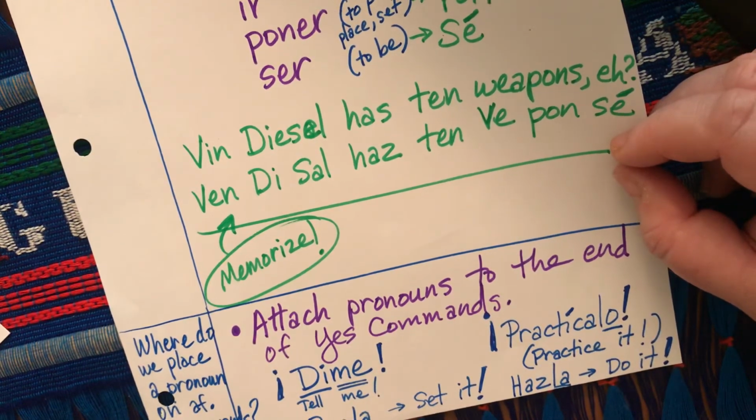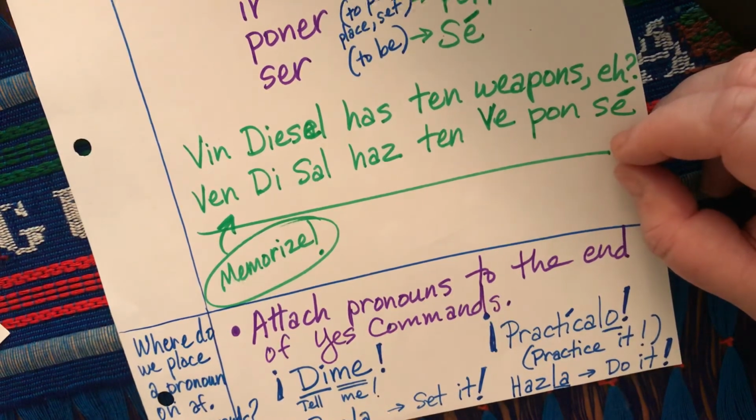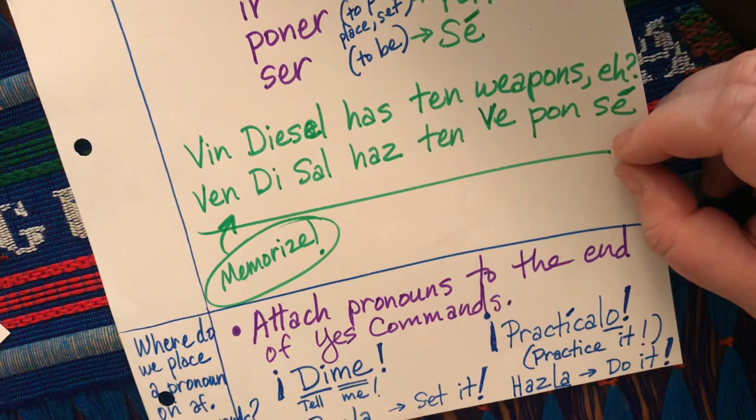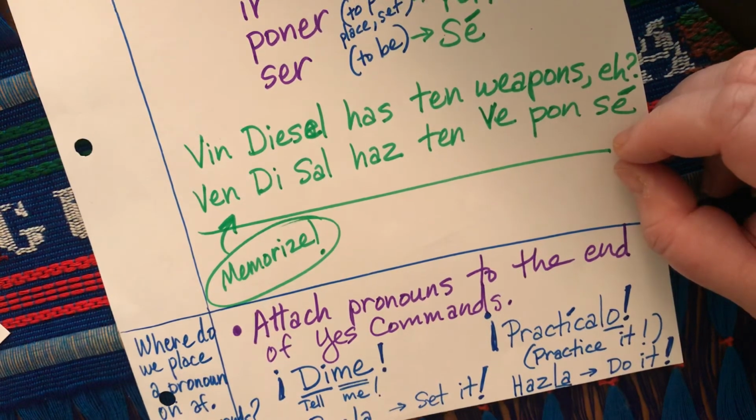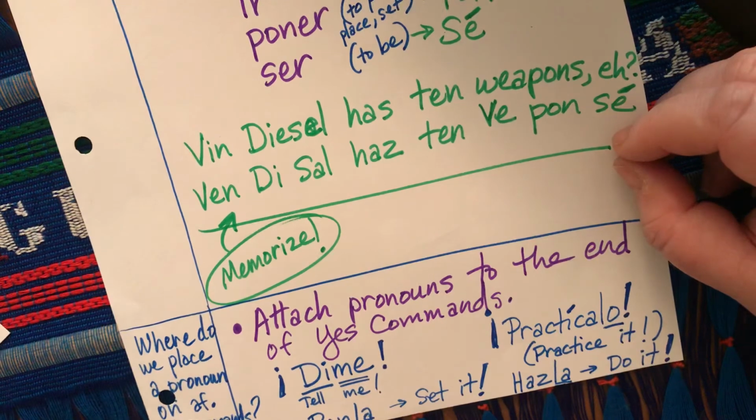Here's another one. Pon, set, la, it. Ponla. So when we're not using commands, when we're just doing regular sentences like I am going to set the table, you're always correct to put pronouns in front, and if you have two verbs you can attach them to the end. With commands you only attach them to the end. That's the only correct way.